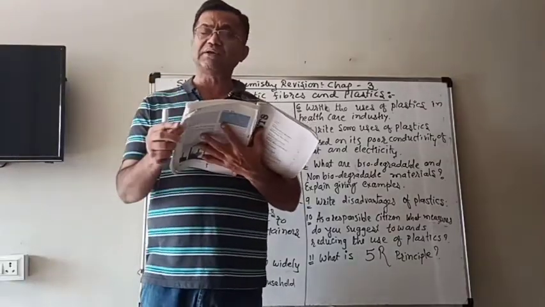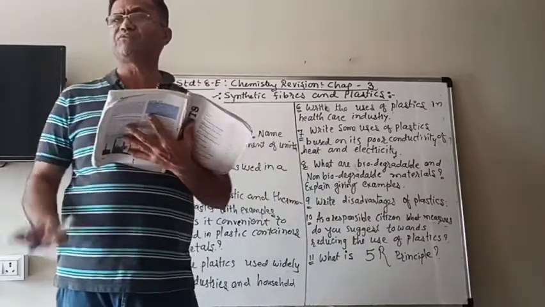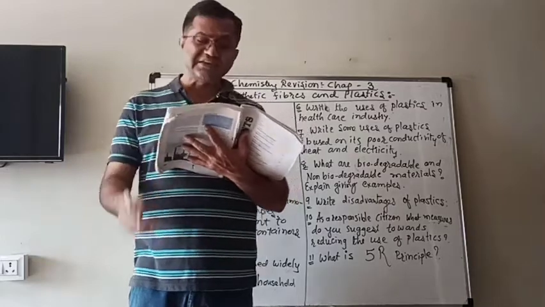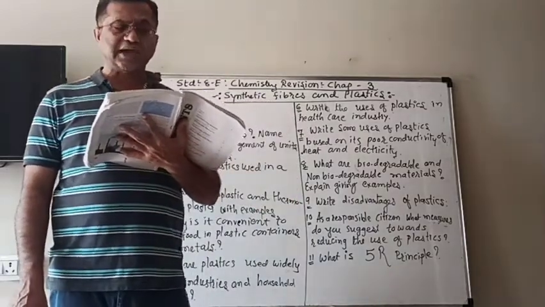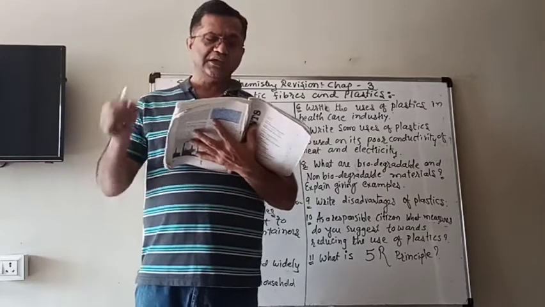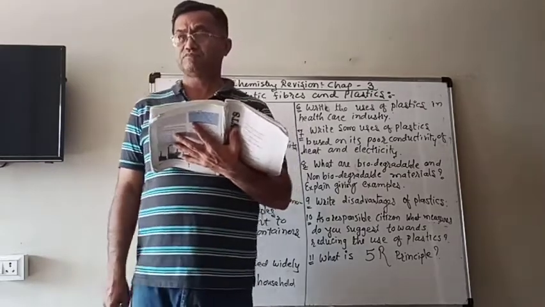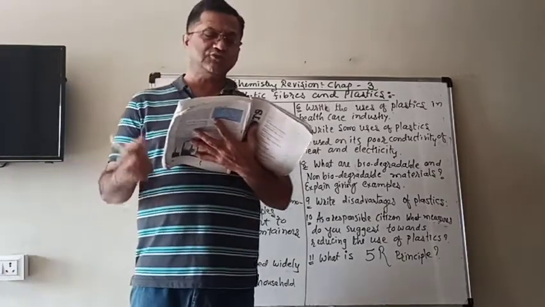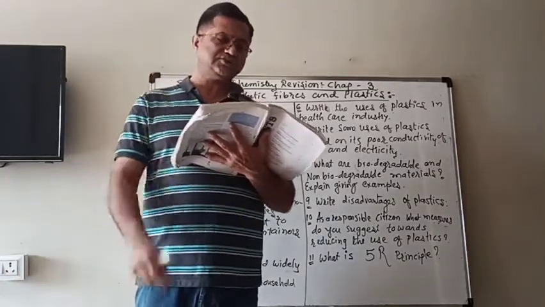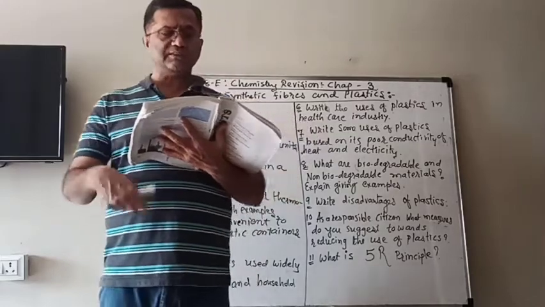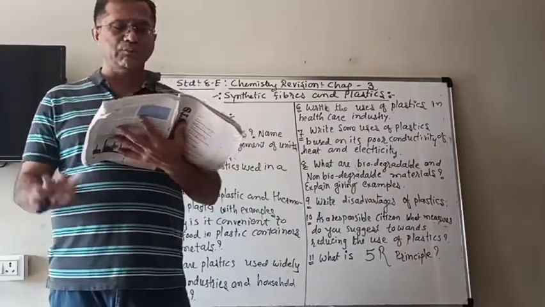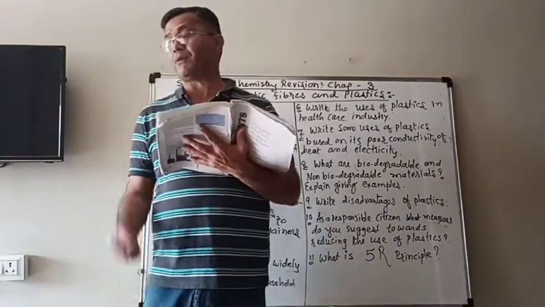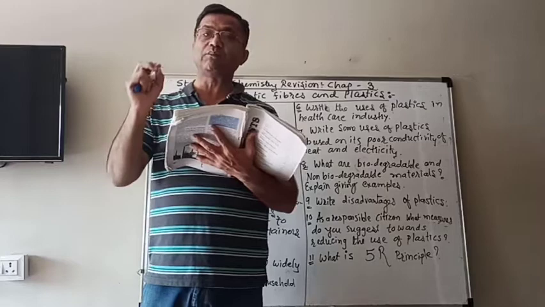It means that on heating, some plastics can deform very easily and can be bent easily. So that type of plastic is known as thermoplastic. Thermoplastics are those which deform when given heat, and they can be bent easily and molded into any desired shape.